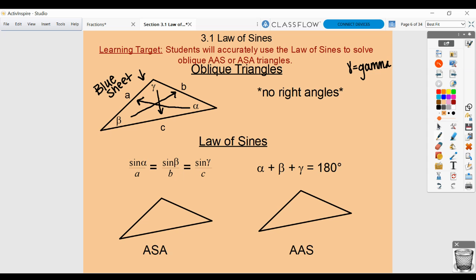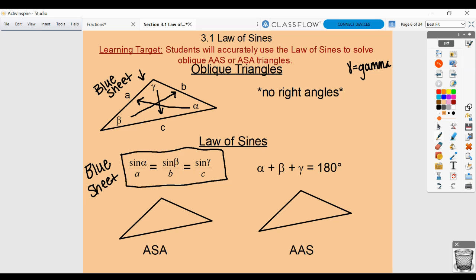Okay. So this right here is the formula that you are going to use for the law of sines. So you definitely want to put this on your blue sheet.